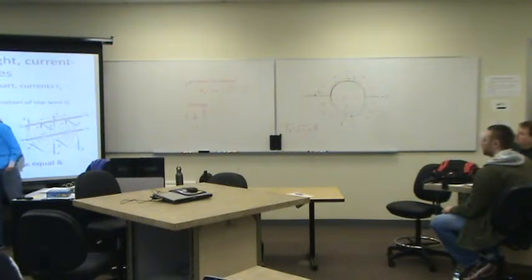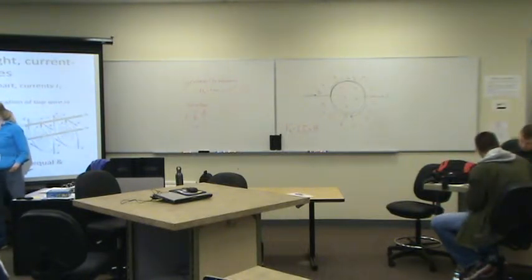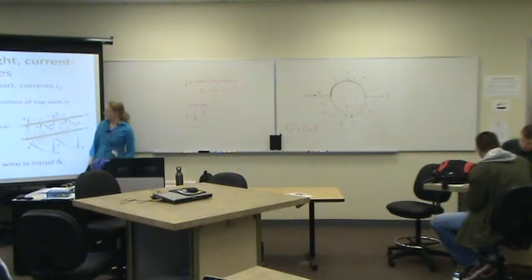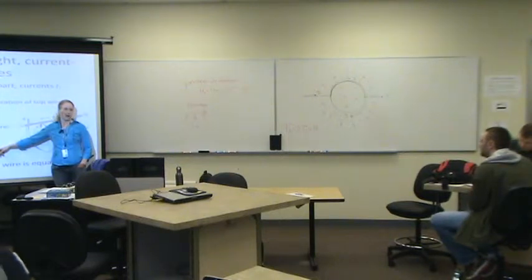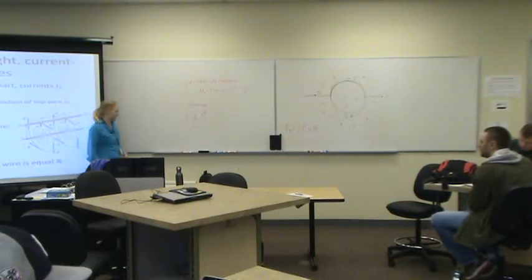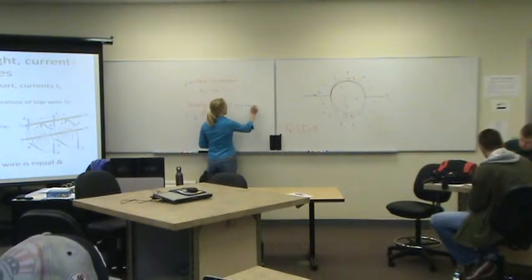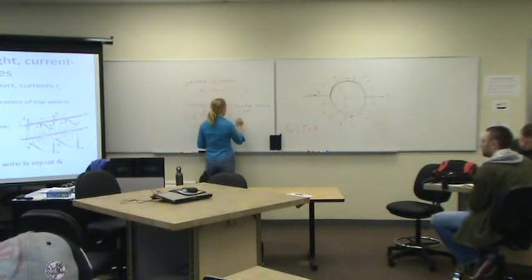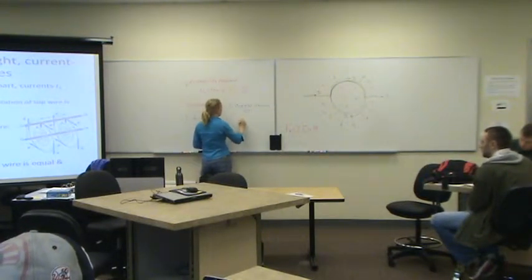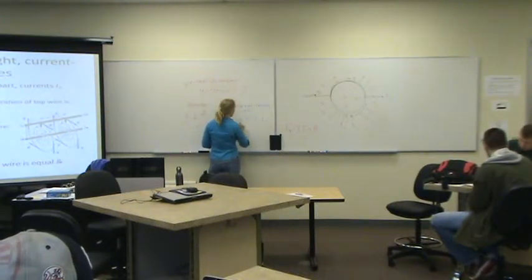Biot-Savart law we throw in here. That's the magnetic field we just derived for a current carrying wire. Mu naught I1 over 2 pi r. And then we nicely summarize that into a single fraction. So that would be the force on the top wire due to the bottom wire. Oh, I forgot L in there.